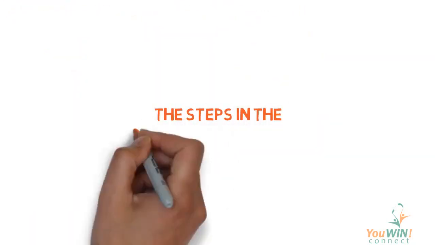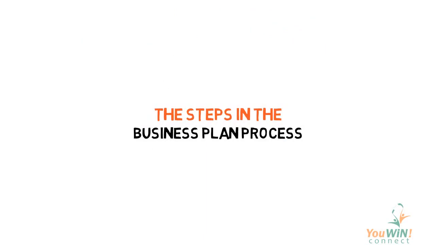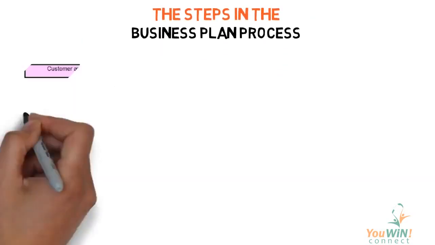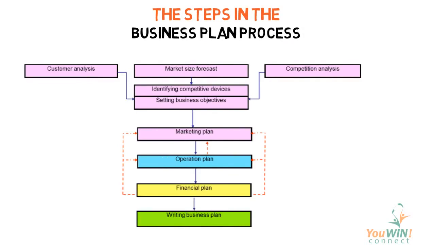Let's look at the steps in the business plan process. This also dictates how we will study this plan in this module. So firstly, we start with the market. You will agree with me that if there is no market, then we're not in business.